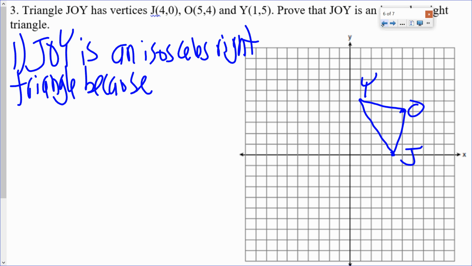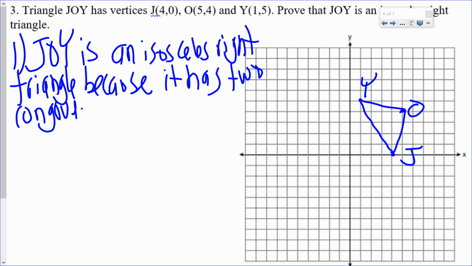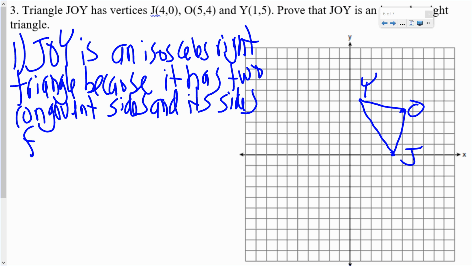JOY is an isosceles right triangle because, well, it's isosceles because it has two congruent sides, and it's a right triangle because its sides fit into the Pythagorean theorem.